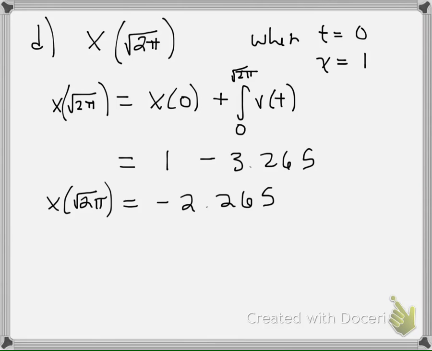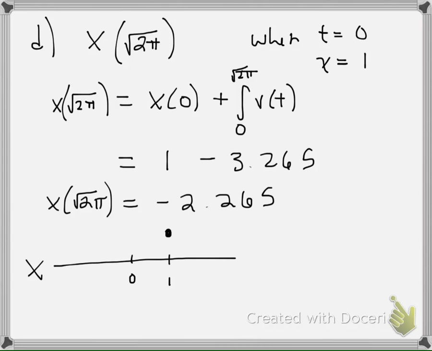Okay, so we still need to justify our answer, and I like to think of it in a visual way. So I'm going to think about when time is 0, x equals 1. So if I've just got my number line here, and this is my position, here's 0, here's 1. This is where I'm starting from, okay?